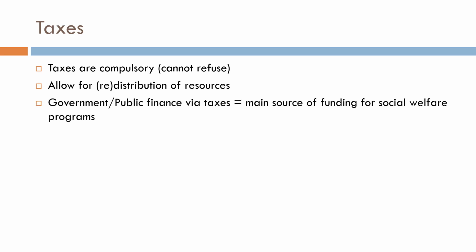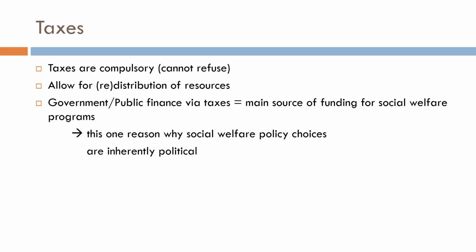And government/public finance via taxes is the main source of funding for most social welfare programs. This is one of the reasons why social welfare policy choices are inherently political and why there is so much controversy surrounding so many of the programs that we have that come from these policy choices.